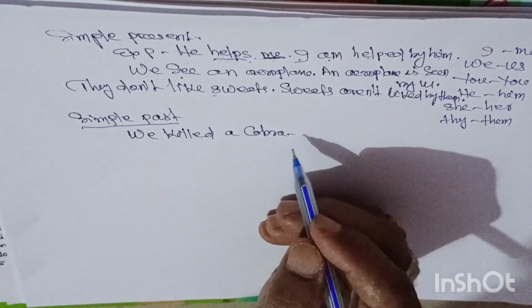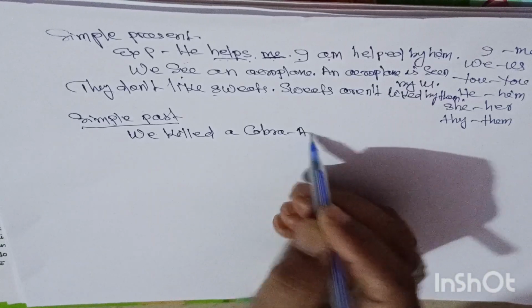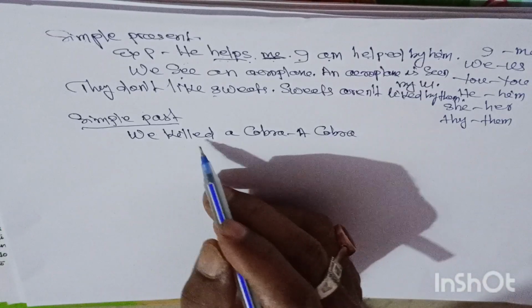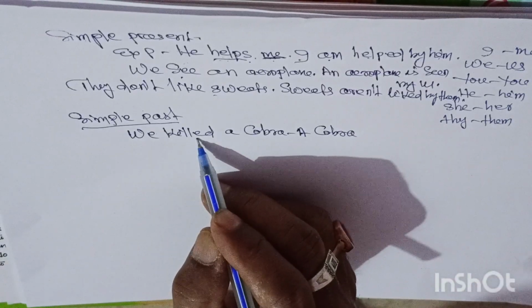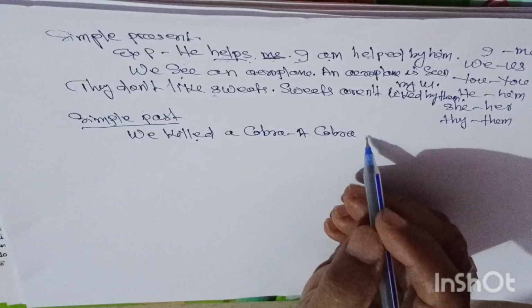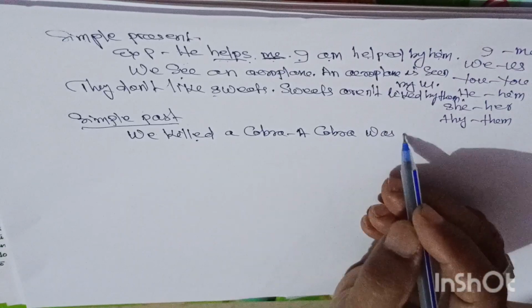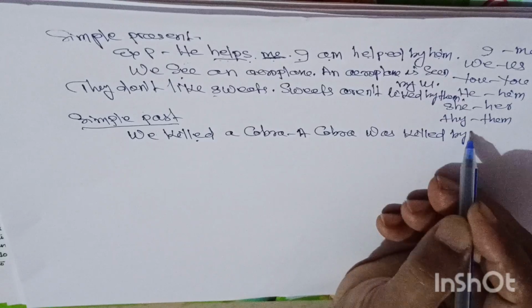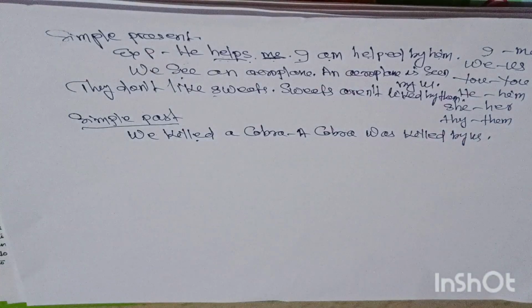Here the object is a cobra. So a cobra is placed first. Then as it is in past simple, the auxiliary verb is was, a cobra was, then killed, then by us. So a cobra was killed by us.